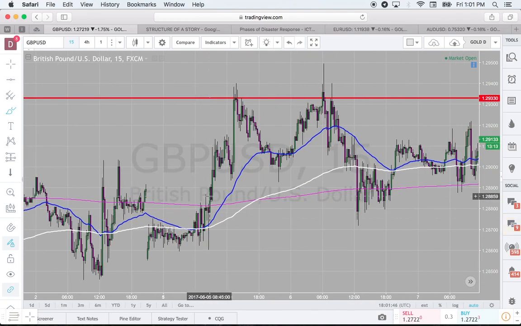So, for example, here's the first leg of the M formation.